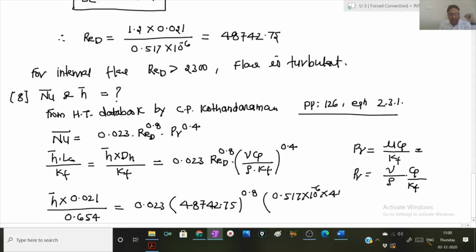Cp is 4180. Density is 985.5 and the value of thermal conductivity is 0.654, and it is having the power of 4.